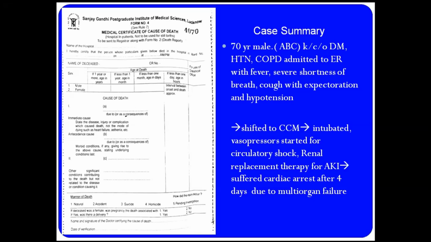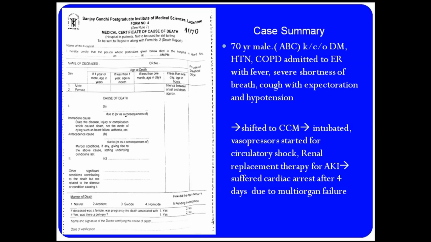Immediate cause, multi-organ failure, Afzal? Yes, A. When we write a death certificate, as I will tell you in the future slides, we should always try to begin from C. Then we go to B, and then we go to A.